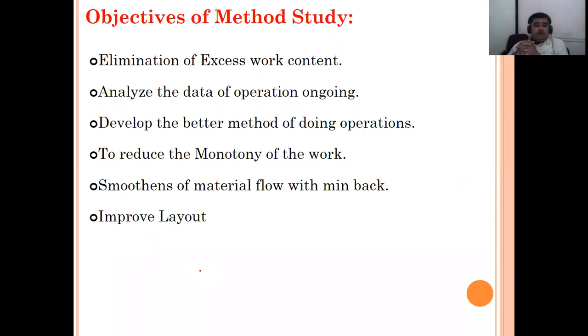Then you can go and make the assembly of this nut and bolt. So whatever I'm talking about here, the most important part is material flow. How the material flows from raw material to cutting machine to turning machine, threading, one part is ready.